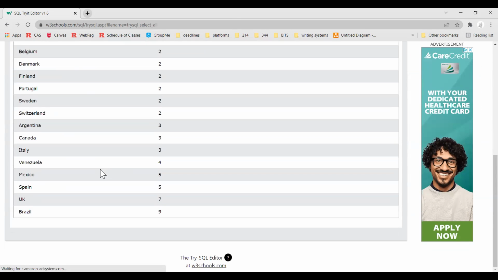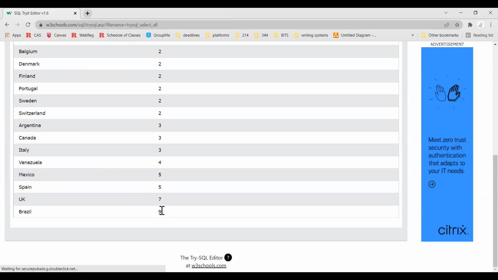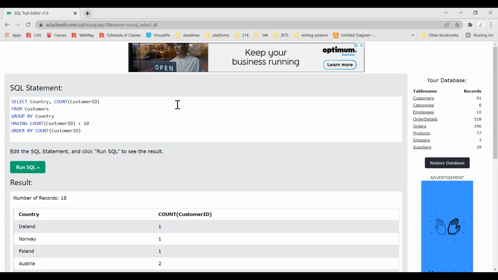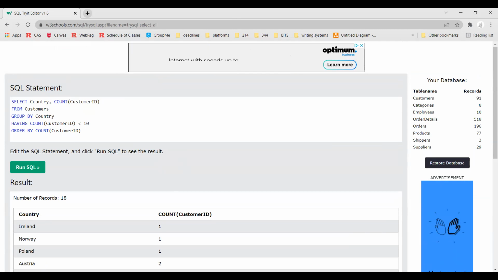You can scroll down and see all the countries that had more than 10 are gone. All right.